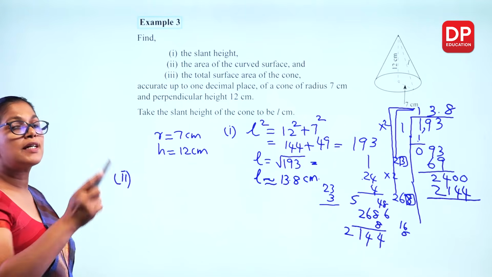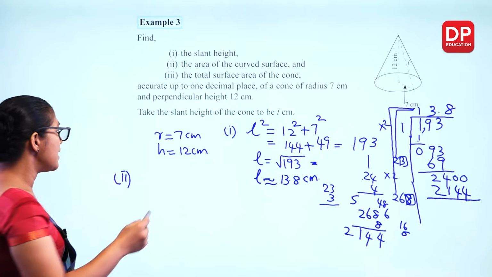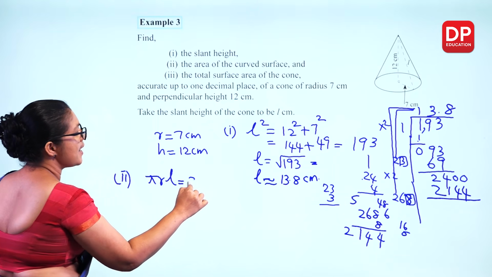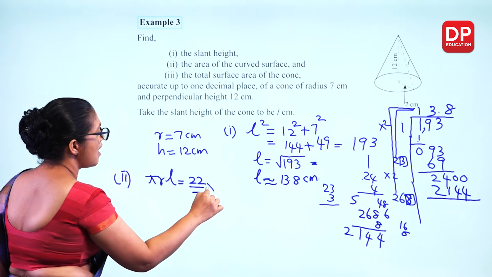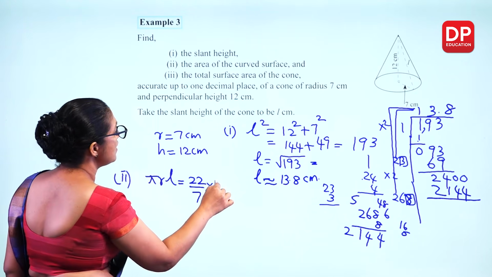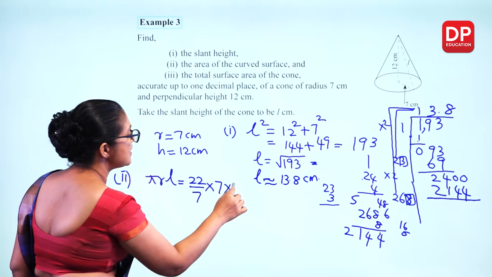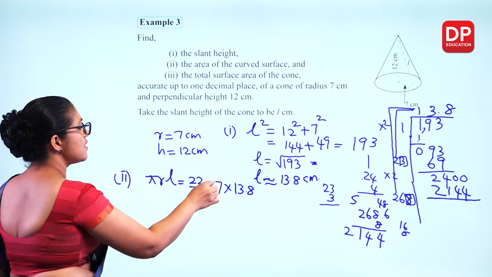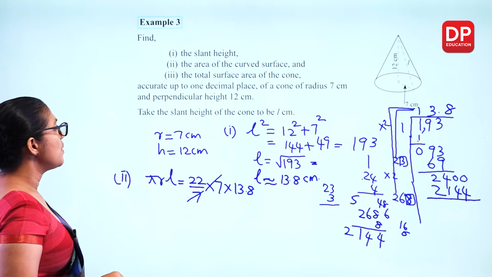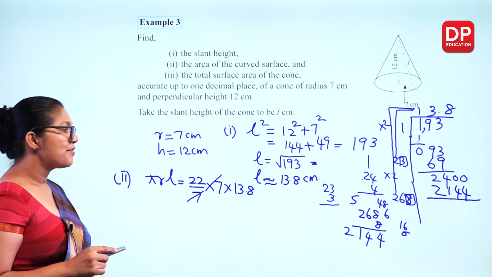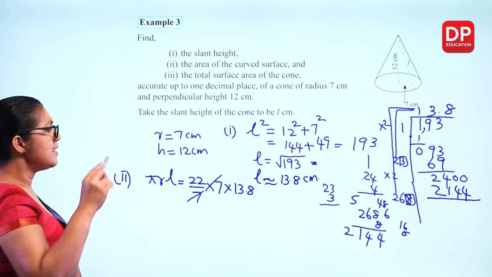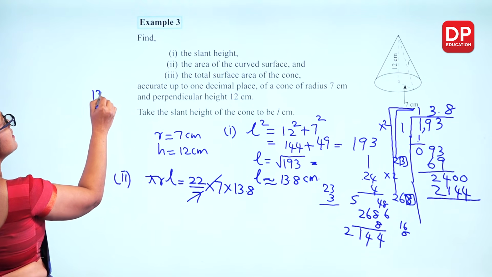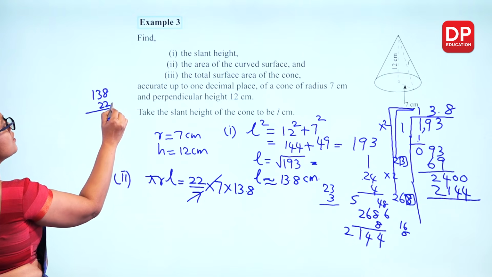So the area of the curved surface is pi r L. So you can use the formula pi r L. Pi is 22 over 7, r is 7, and L is 13.8. So 7 gets cancelled out. So we'll multiply 138 by 22 and then put a decimal place. So 138 multiplied by 22.